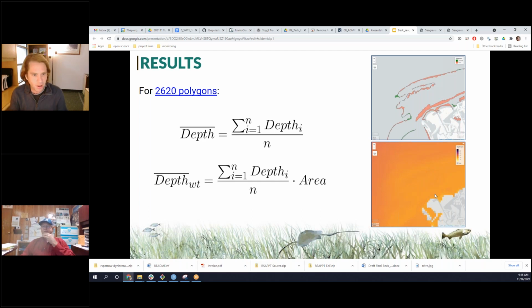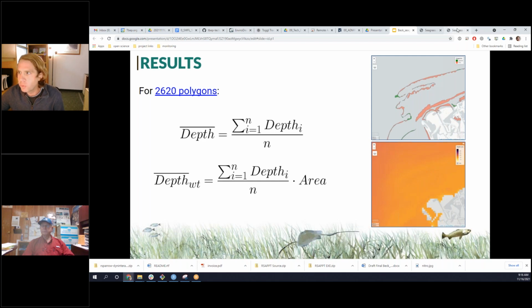And because each of the polygons vary in size, I did this slightly differently by weighting polygons with different areas, with the idea being that larger polygons, maybe we should attribute more weight towards them when we're looking at an average depth change over time. So when I show the results, you'll see that this average depth is reported just as an arithmetic average, as well as a weighted average to account for polygons of different sizes being something that could have more weight in the analysis.